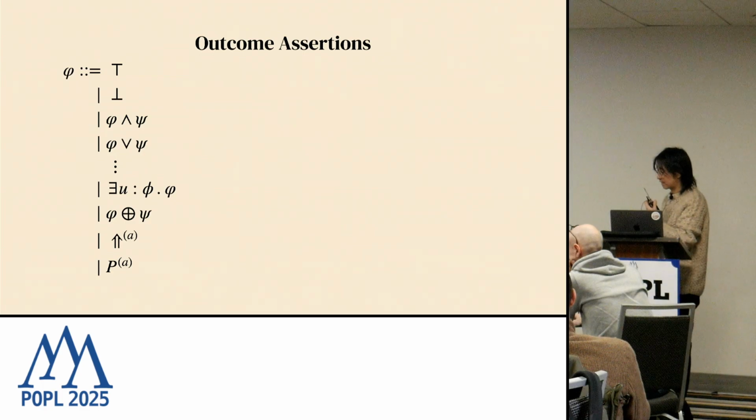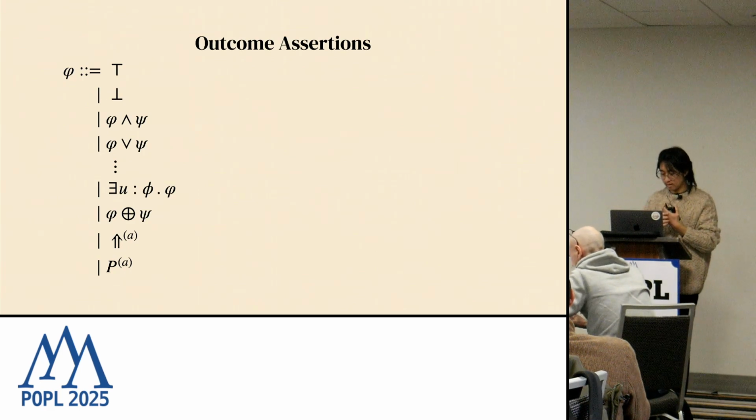So just taking a look at our assertion language, we have the regular propositional core, and we augment it with existential quantification. We have this conjunction, very similar to a separating conjunction, that we call outcome conjunction. And then we have these two primitives for reasoning about weighting functions.